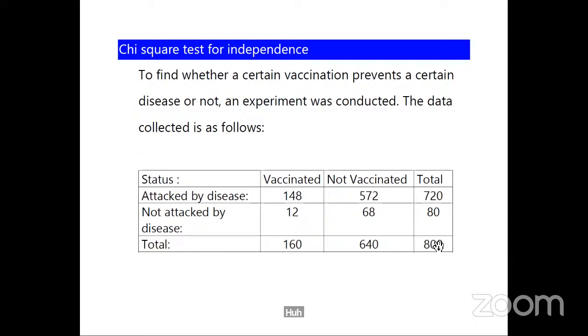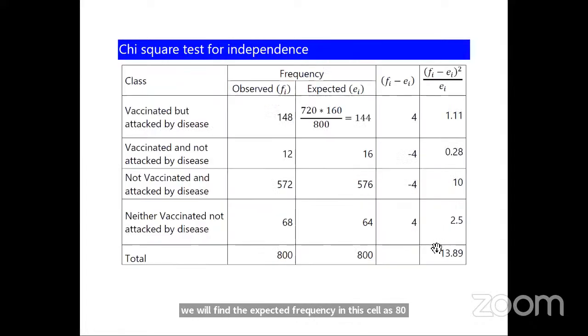Very good. What is your name? Smita Bagul. Very good. So as she said correctly, we will find the expected frequency in this cell as 80 into 640 divided by 800. In this way, we will complete this table.